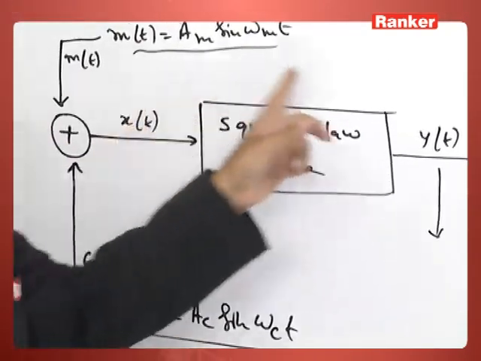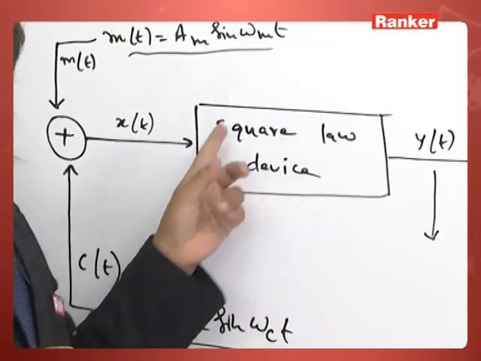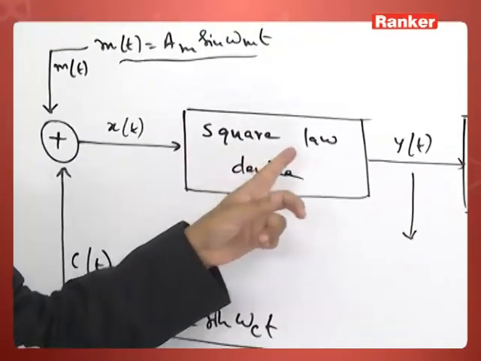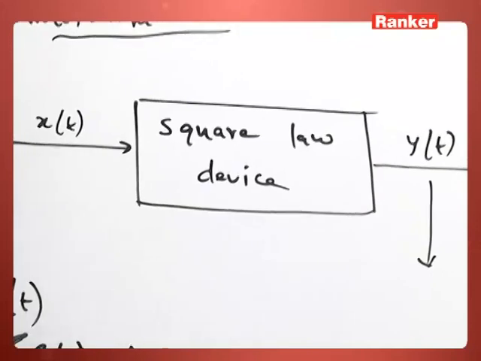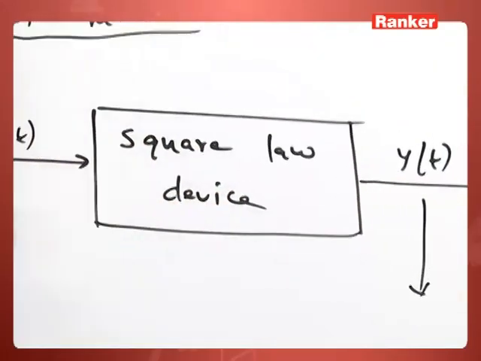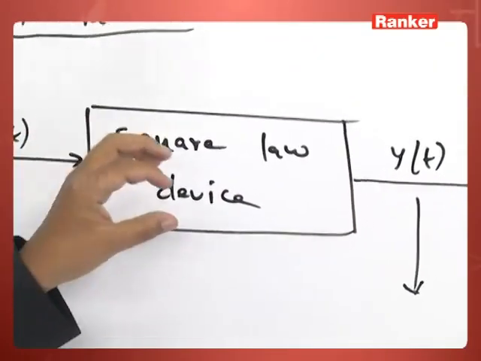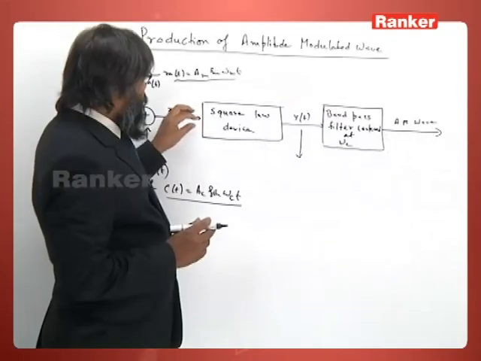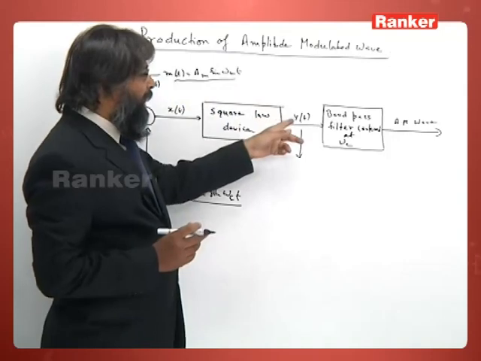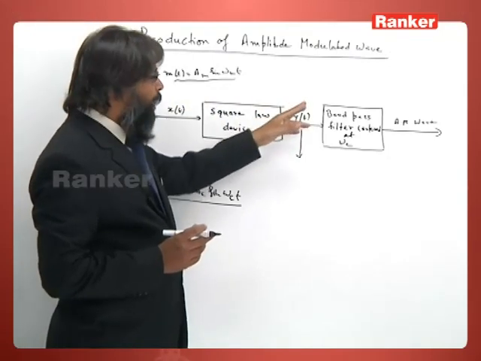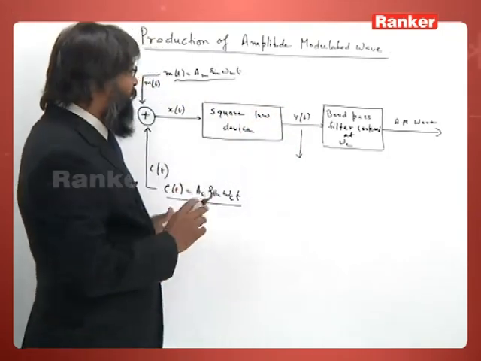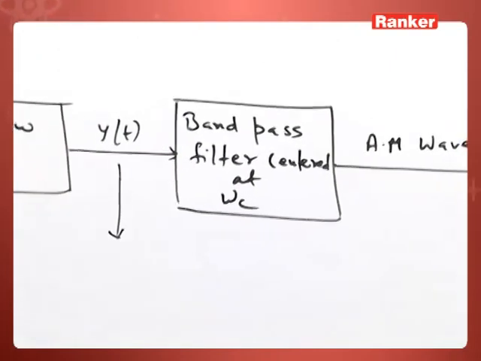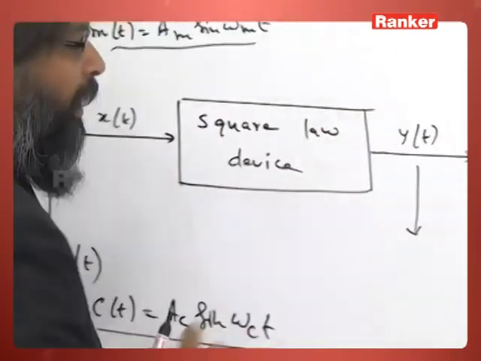Now x(t) is fed into a device which is called a square law device. Whatever is the input, its square function, its parabolic function, will be sent. That means the output will be of parabolic type, the quadratic function of x(t), that is y(t).